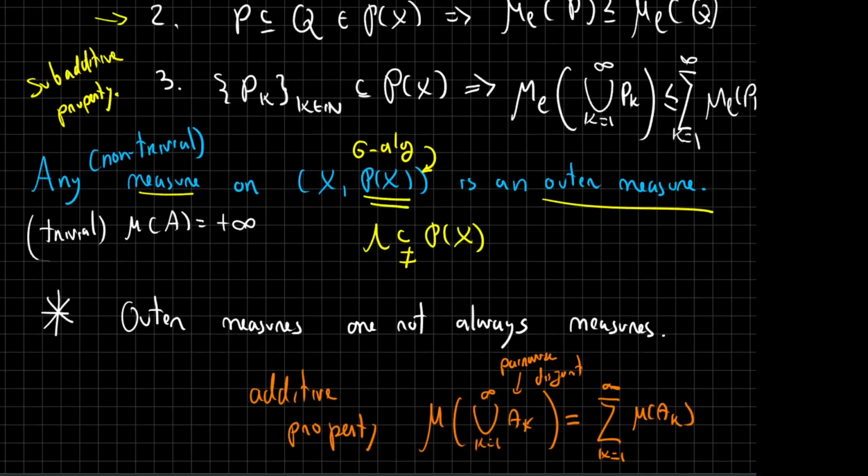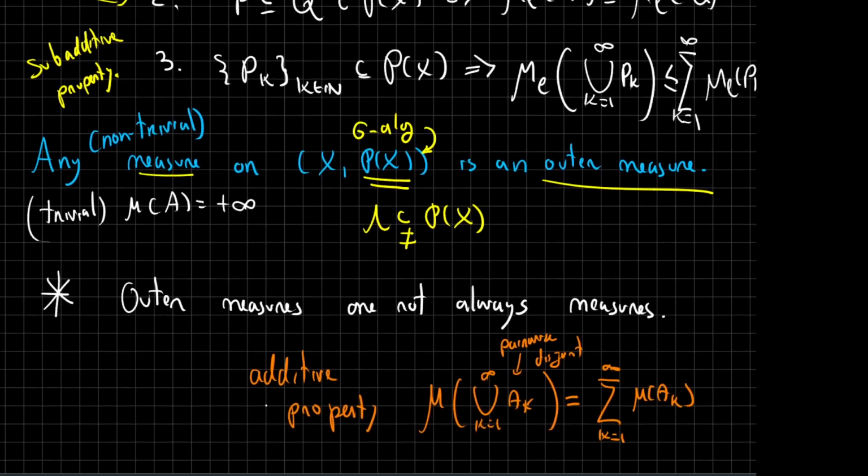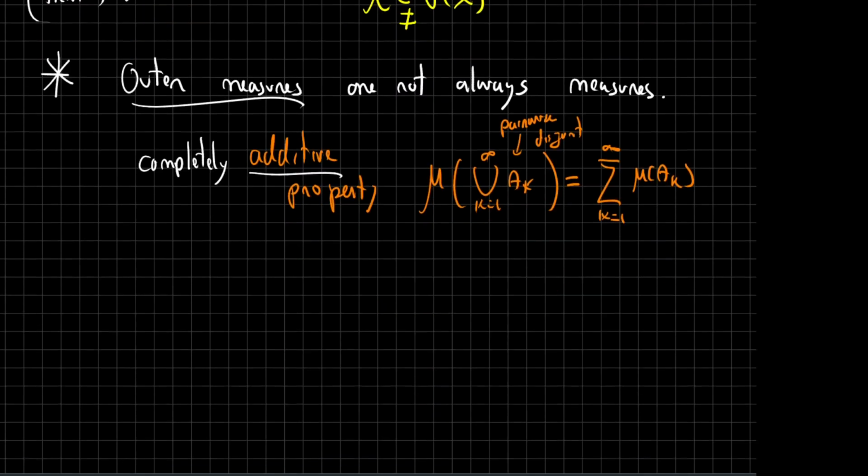So this was the completely additive property, that was the full name. This may fail for some other outer measures.